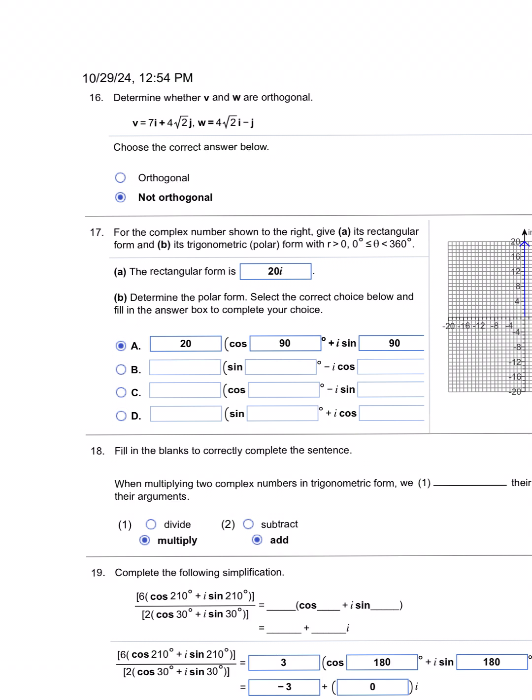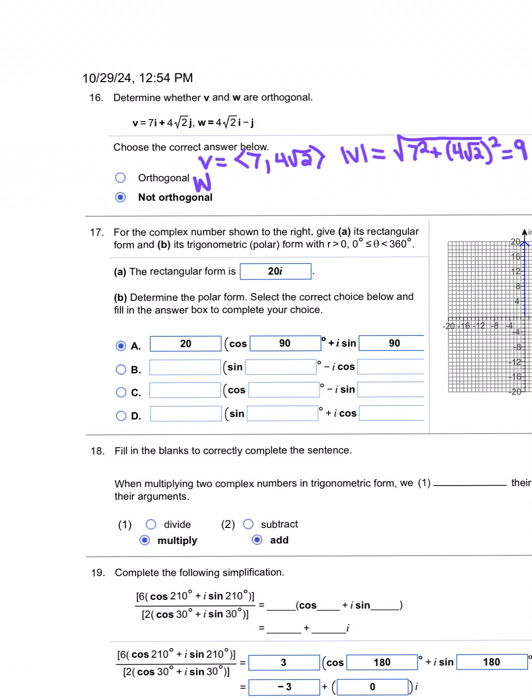Number 16, we're going to determine if V and W are orthogonal. Well, if it's orthogonal, then the angle between them is 90 degrees. So we need to find the angle. So we know that V is 7, 4 square root of 2. And the magnitude of V is the square root of 7 squared plus 4 square root of 2 squared, which is equal to 81, and the square root of 81 is 9.